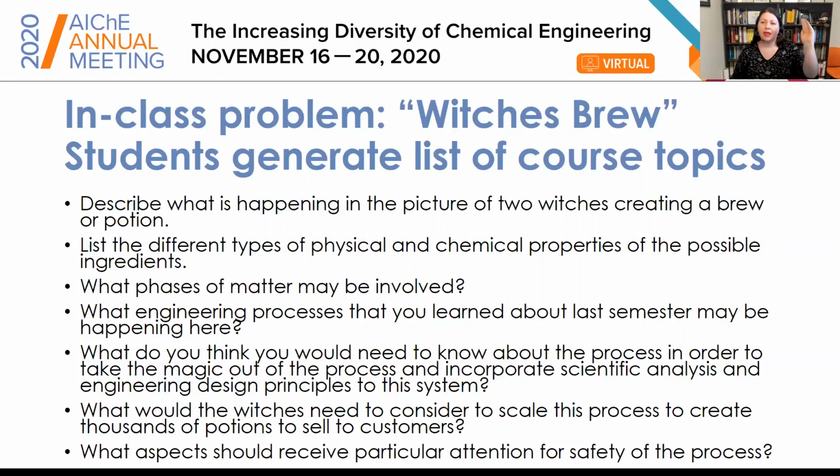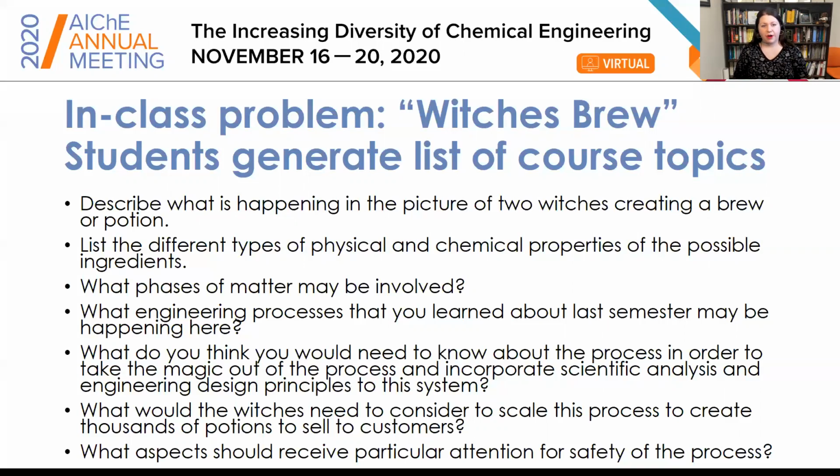Rather than me rattling off a bullet point list of all the topics we're going to cover when they don't necessarily know why or even know the terminology yet, I want them to explain and generate a list of ideas that they think are important for this course based on that image, and then that becomes the basis for being able to explain the course topics.